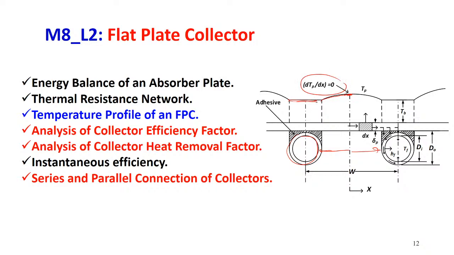That way we can analyze the flat plate collector system. We have also included in the discussion the analysis of collector efficiency factor, the collector heat removal factor, what is instantaneous efficiency, and what are series and parallel connections of the collectors.